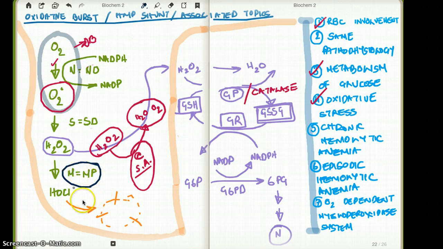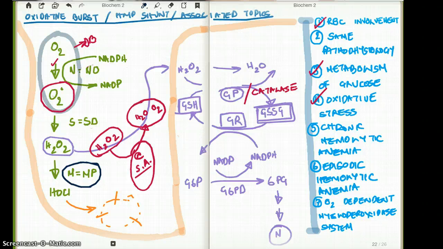What if that is the enzyme that is deficient? If that enzyme is deficient, then there is no way out, really, because then even if the bacteria is making hydrogen peroxide, you can't kill it, because you cannot convert the hydrogen peroxide into bleach to kill your bacteria. So that is a much more dangerous situation than CGD.